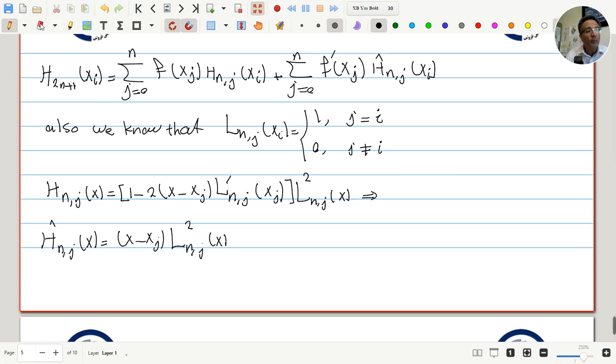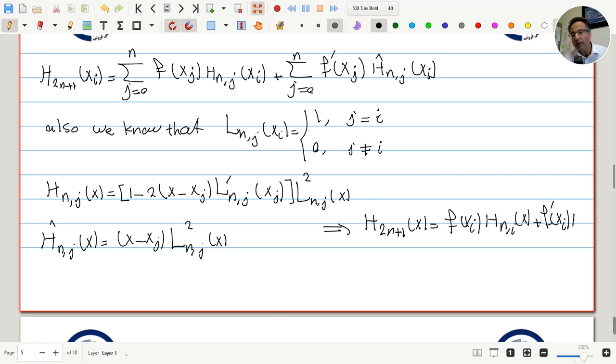So by these two equalities we can get H_{2n+1} at x is equal, just for j equal to i, the good thing happened. In other cases, where j is not equal to i, all terms will be 0, and we should just have f(x_i) times h_{n,i}(x) plus f'(x_i) times h hat_{n,j} at x_i.